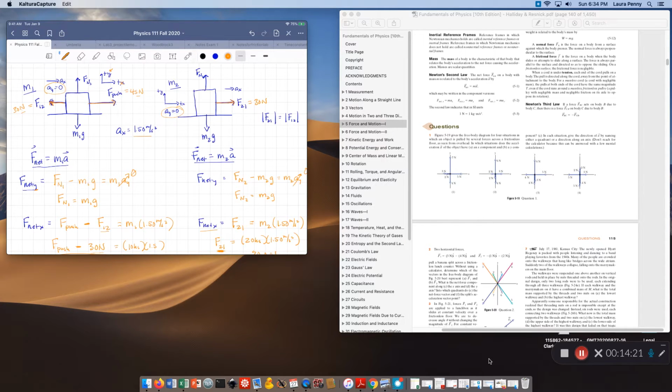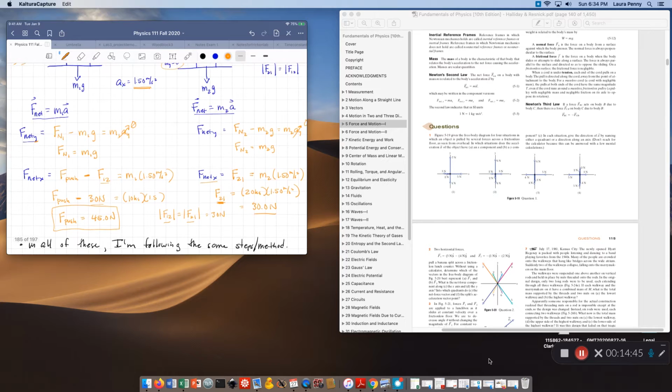It takes 15 newtons to make this 10 kilogram box go 1.5 meters per second squared. That's absolutely true. Here it takes 30 newtons to make this 20 kilogram mass, twice the mass, so it gets twice the force to go the same acceleration.